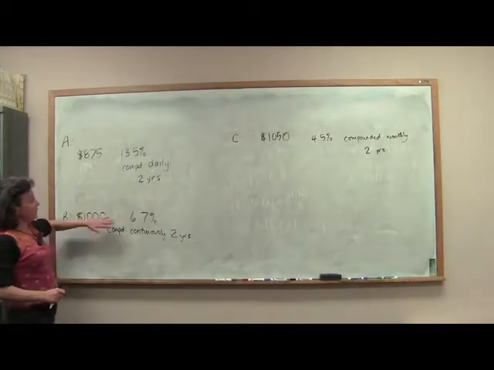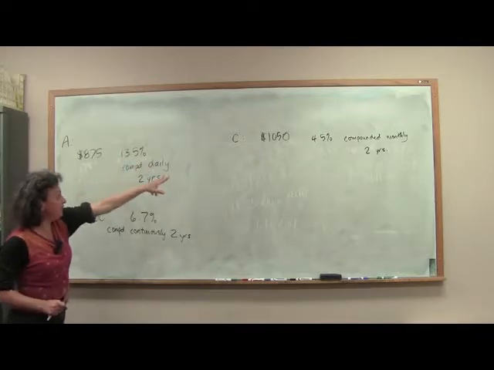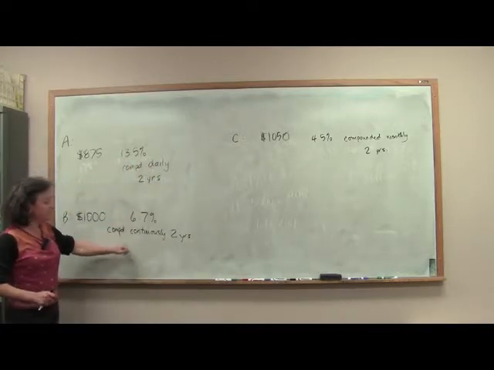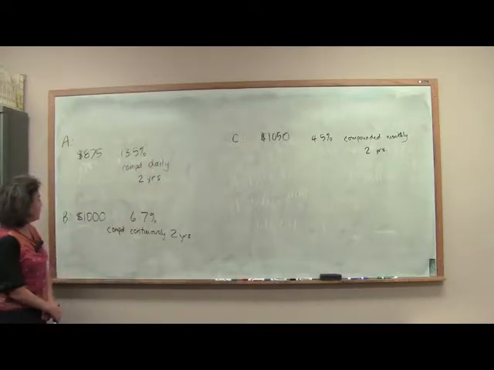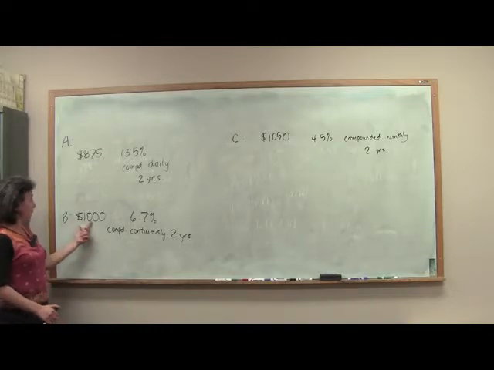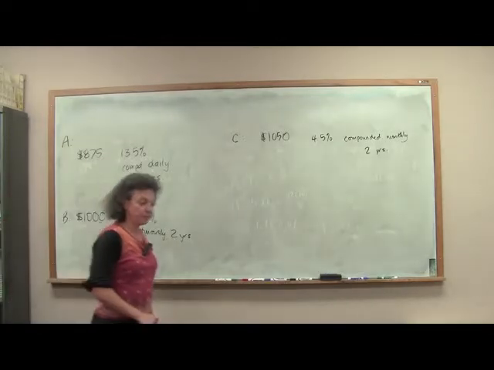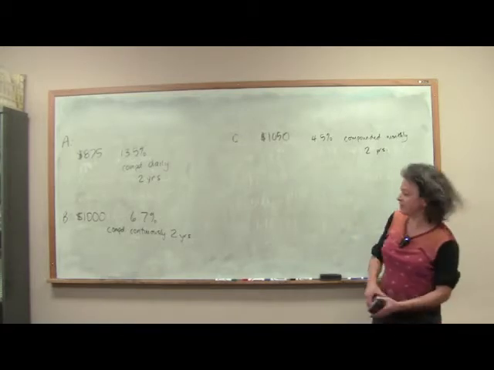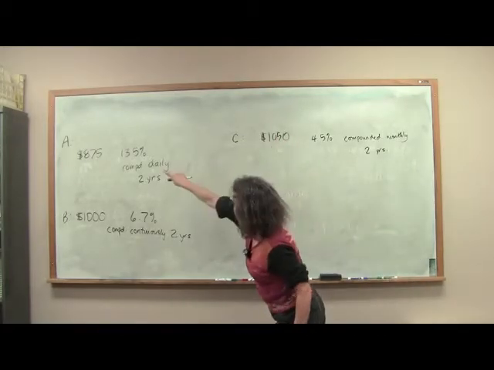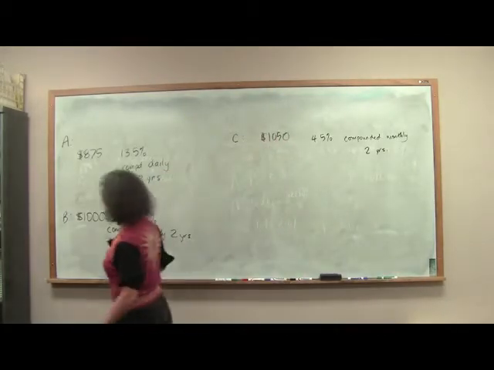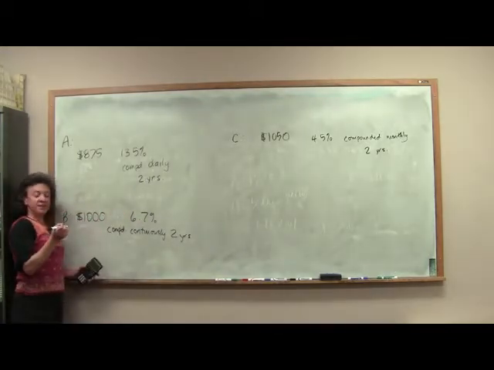Notice this guy has an interest rate in between the two, but he's compounded more frequently. He also has a bigger deposit than this one, but not as big as this guy. So let's actually see what we get.